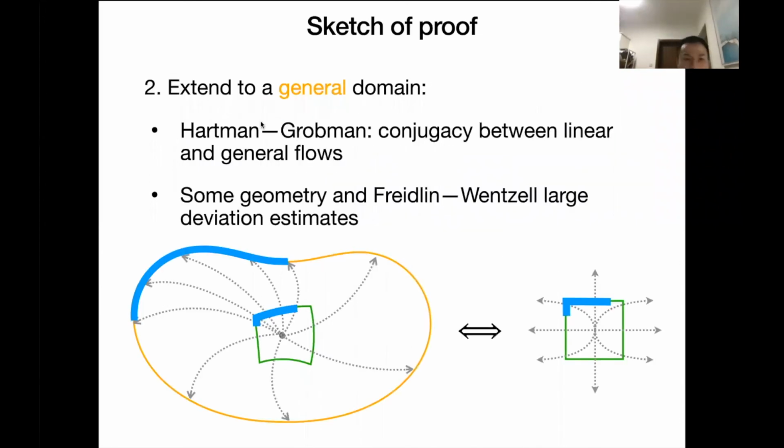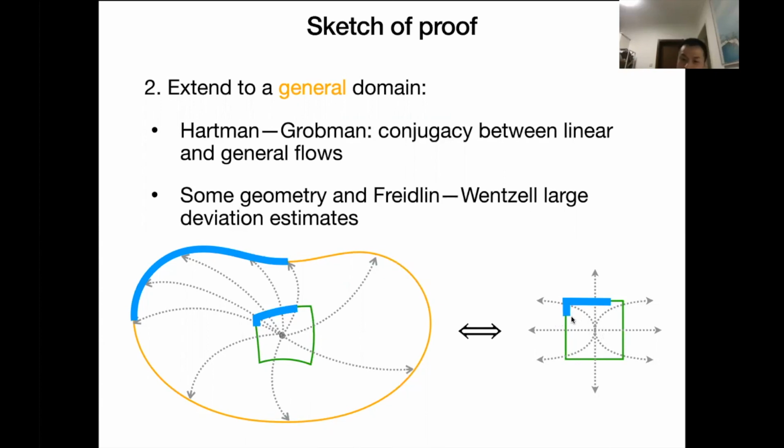The second part is we want to extend to a general domain. There's a standard theorem called the Hartman-Grobman theorem, which gives you a conjugacy between linear and general flows. That is, if we look at this general picture here, then in a small neighborhood near the origin, you can find a local homeomorphism under which the flow can be transformed into linear ones.